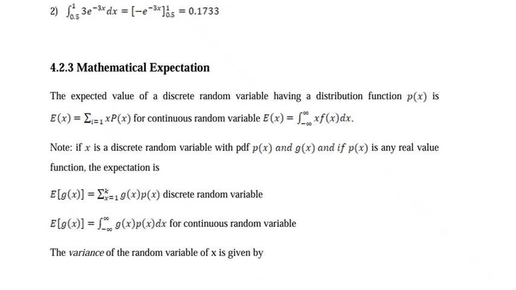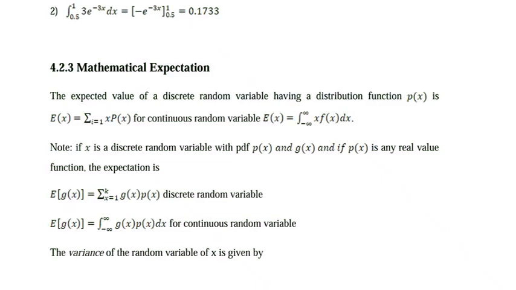Please take note, when we want to calculate the expectation for a discrete random variable, we use the summation of g of x p of x. Then for a continuous random variable, E of g of X equals the integral from minus infinity to infinity of g of x f of x dx.